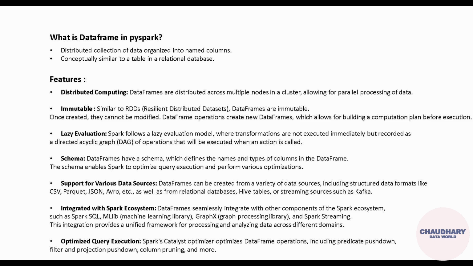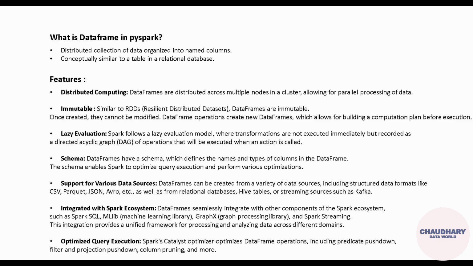Second difference, and again the biggest difference: a data frame has full convenience of visualization. That means it is in tabular format, as you see in a SQL database or something like that, correct? But this RDD is not in tabular format. Let me show you.